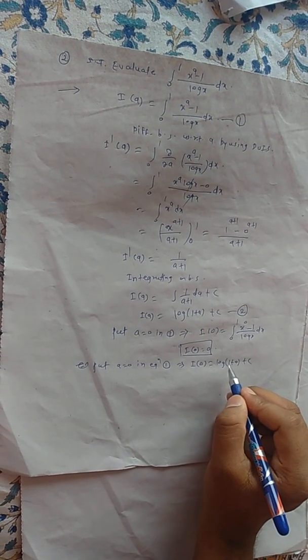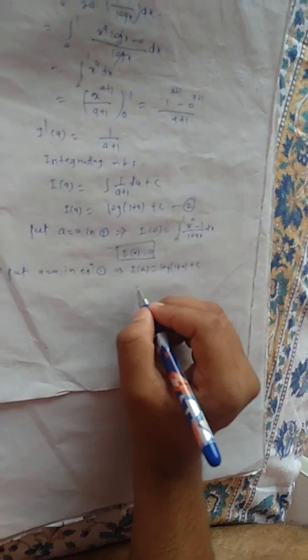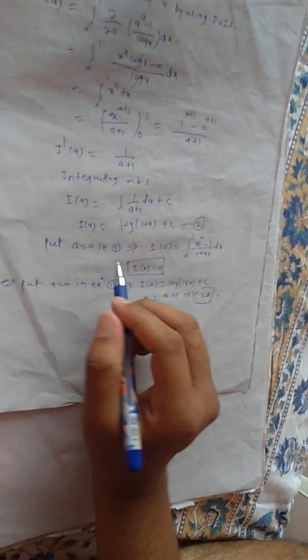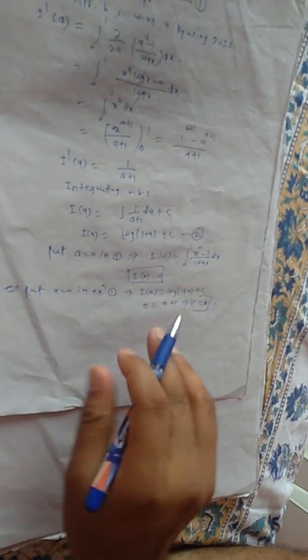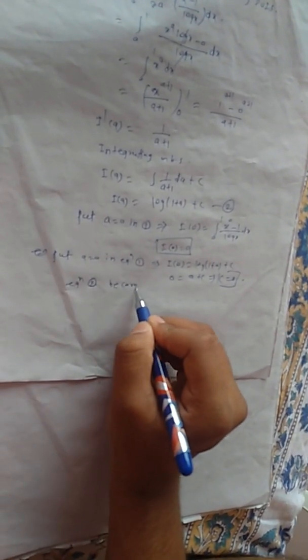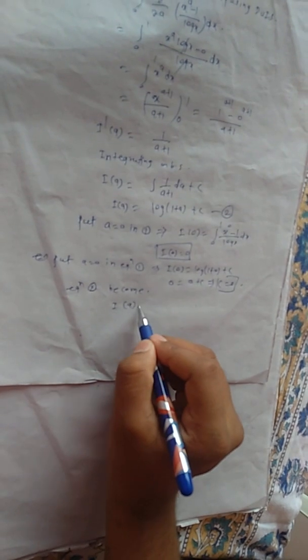Log of 1 plus 0 is log of 1, and log of 1 is 0. So I of 0 is already 0, which gives 0 plus c, implying that c is equal to 0. Putting c is equal to 0 in equation number 2, equation 2 becomes I of a is equal to log of 1 plus a, hence the value of the given integral.